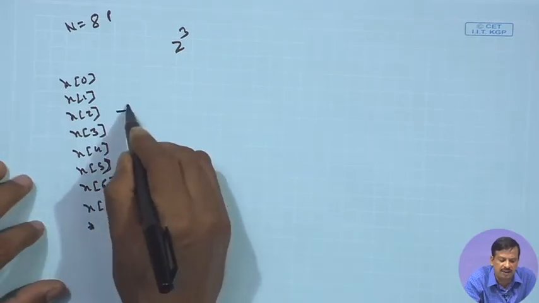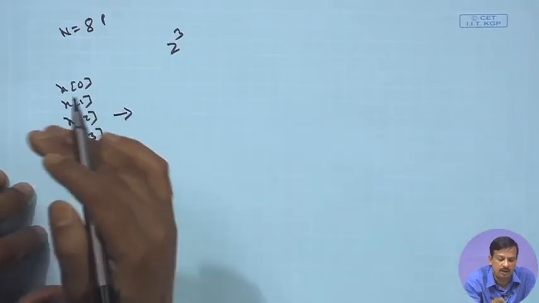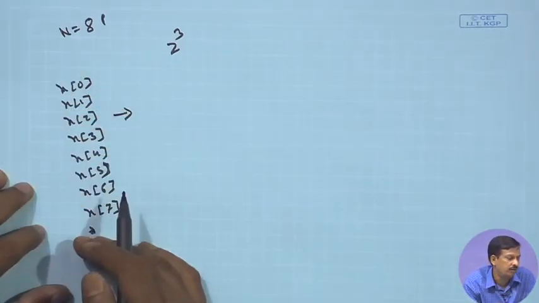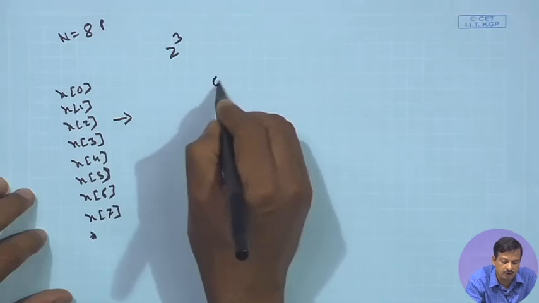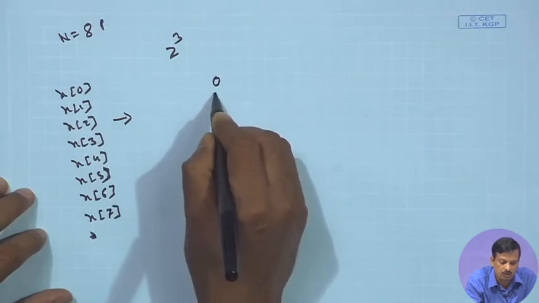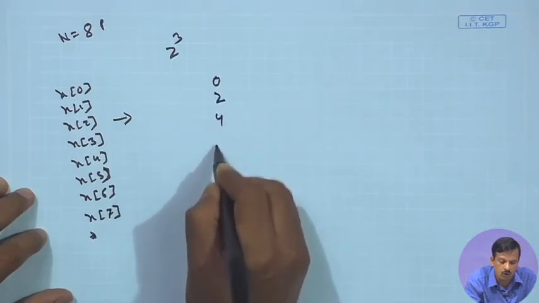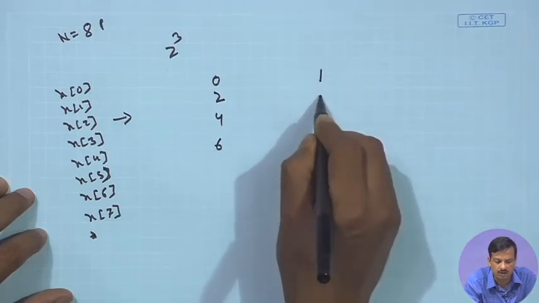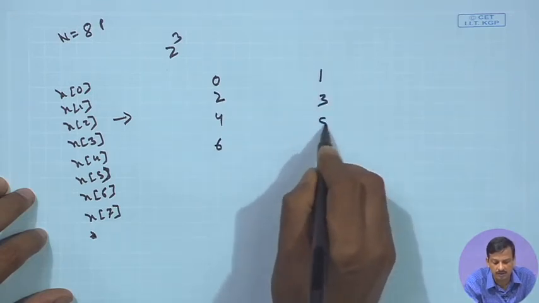I divide this signal space in two, one is odd and even. Let us take even first. So, 0, 2, 4, 6, 1, 3, 5, 7.